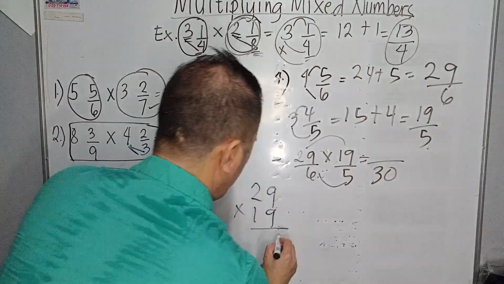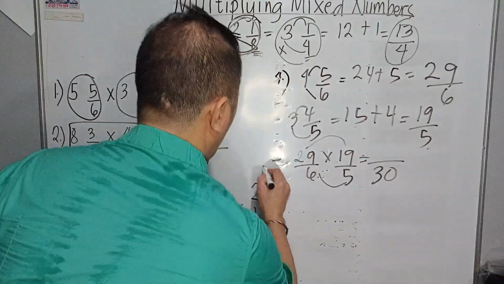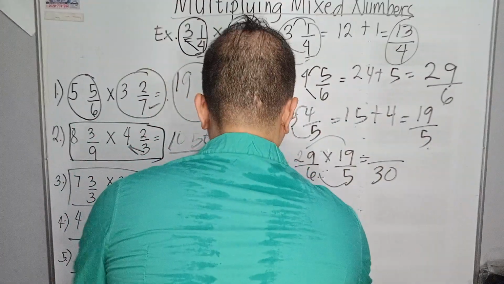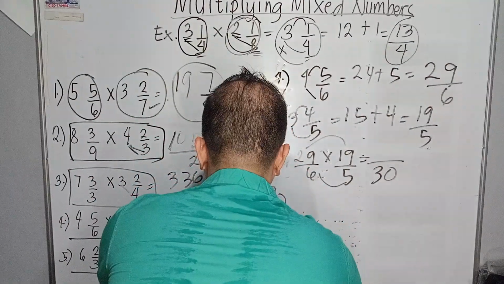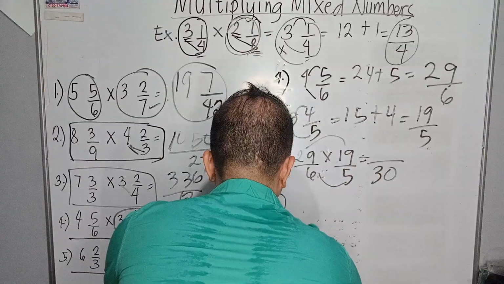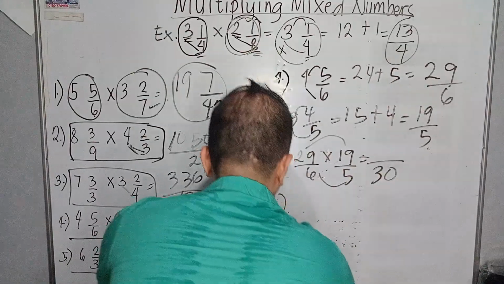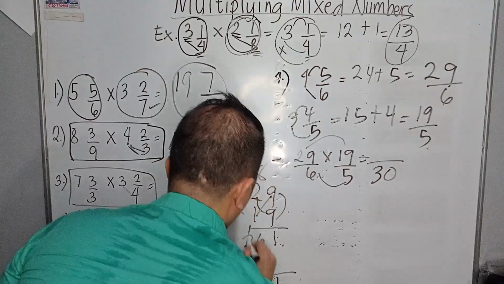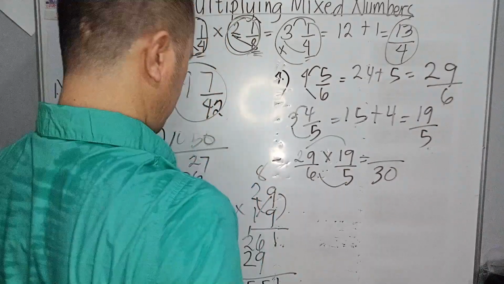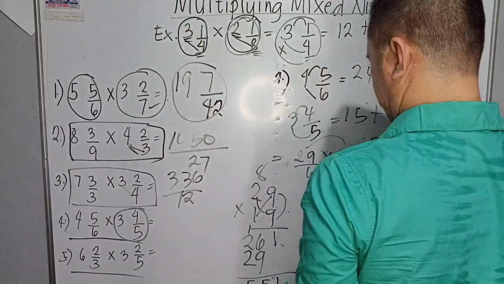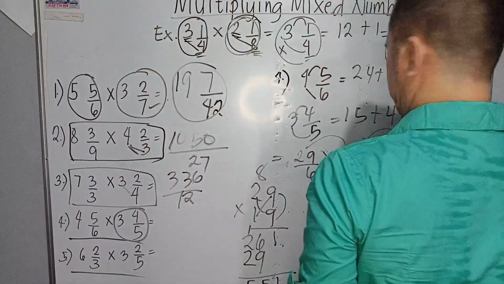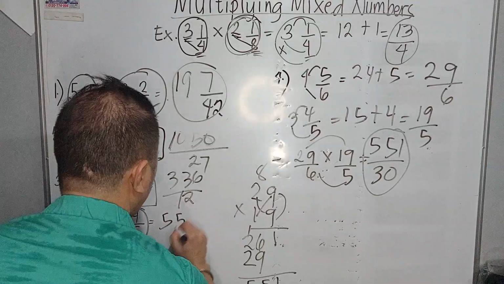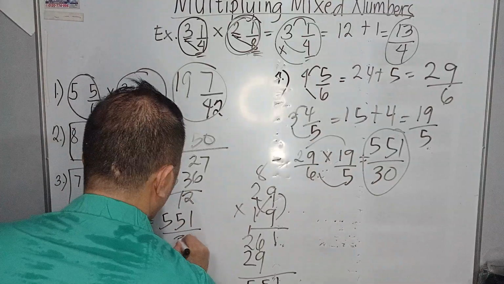So we have first 9 times 9 is 81. 2 times 9 is 18. So we're going to write here the next answer, 115. Okay, so let's write 551 over 30 for number 4. 551 over 30.